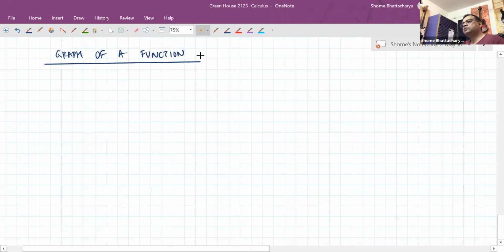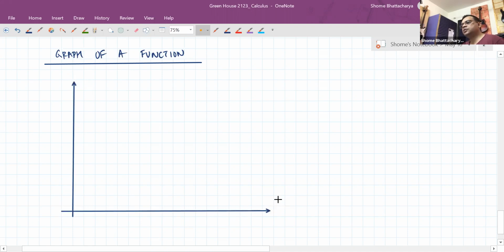Only thing is whenever we are drawing the graph of a function, we have to follow a convention that the vertical axis is always the dependent variable and the horizontal axis is always the independent variable. Okay, we should never reverse those two. Always in the horizontal axis, there should be the independent variable, whereas on the vertical axis, there should be the dependent variable.